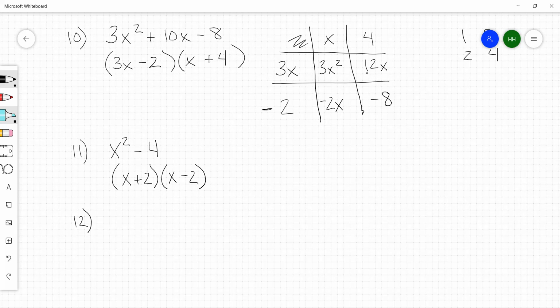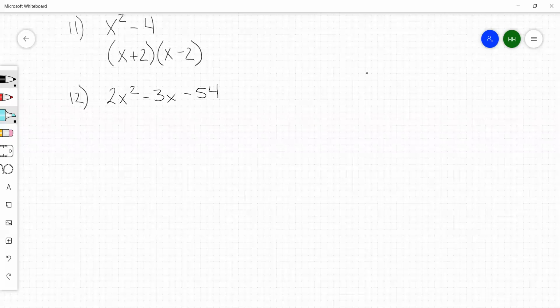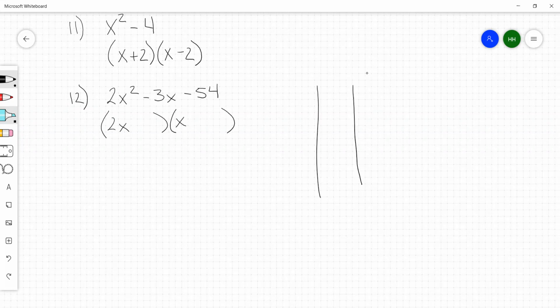Number 12, 2x squared minus 3x minus 54. Can't factor anything out. So I'm going to have a 2x in the first set of parentheses and an x in the second set. I'm doing another table.